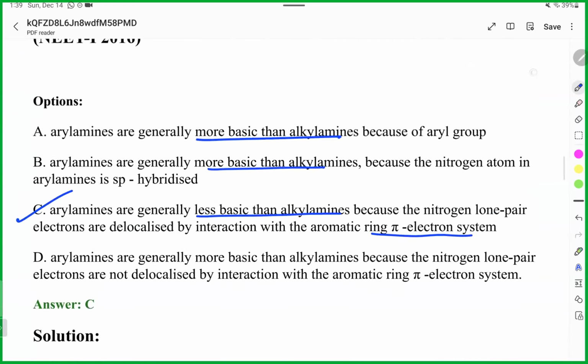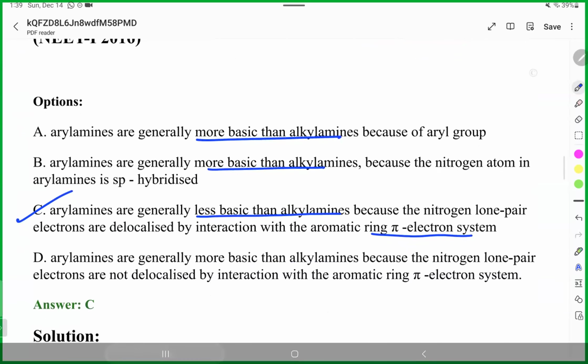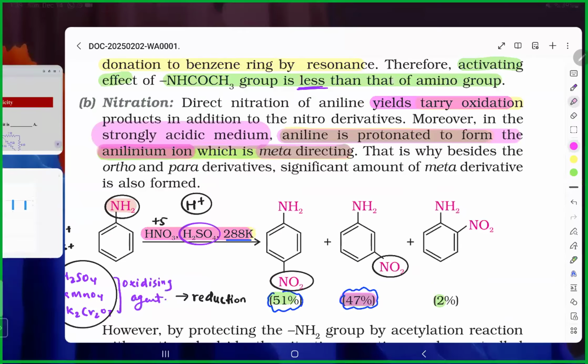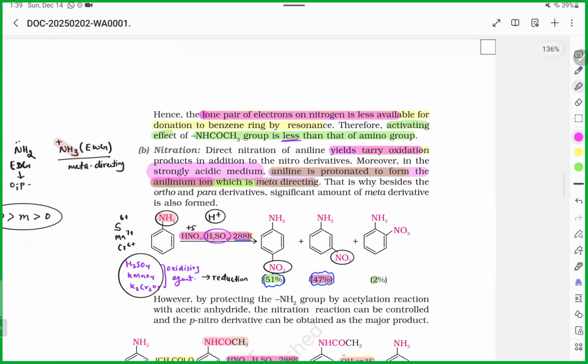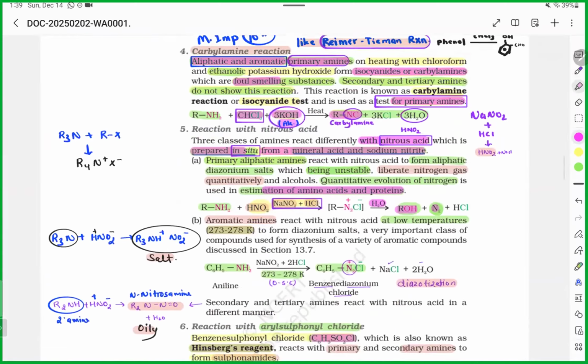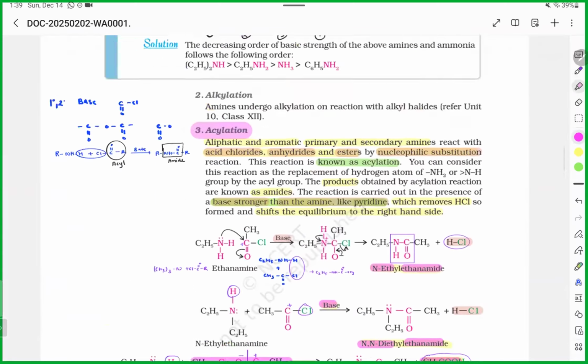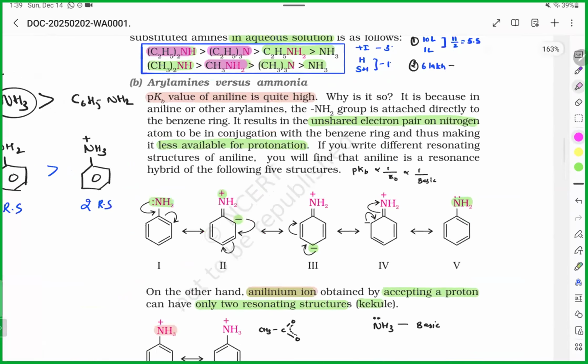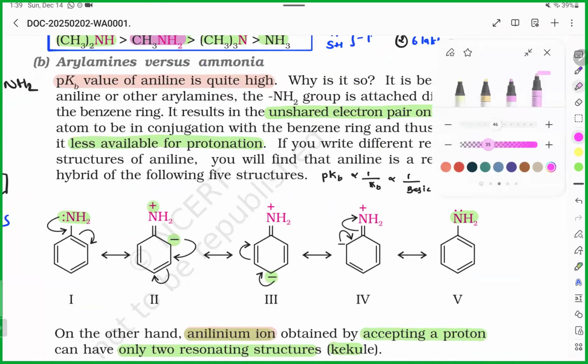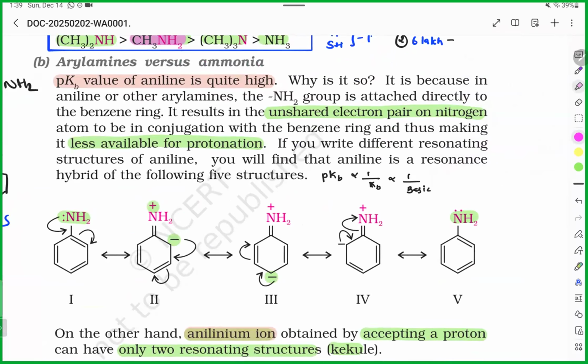This is also again an NCERT ditto line. Why aniline is quite weak, meaning less basic, because the unshared pair of electrons on nitrogen is in conjugation with the benzene ring, making it less available for protonation. Because of resonance, ditto NCERT line.